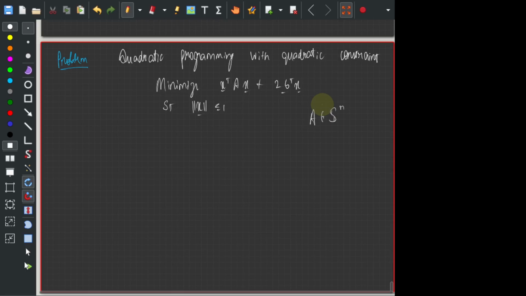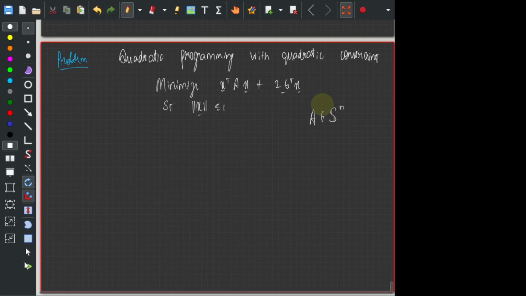When is this guaranteed to be a convex optimization problem? Correct. When A is positive semi-definite, then this is a convex optimization problem. But in general, if A is not positive semi-definite, then this is definitely not a convex optimization problem.